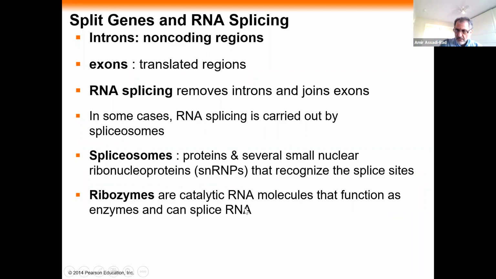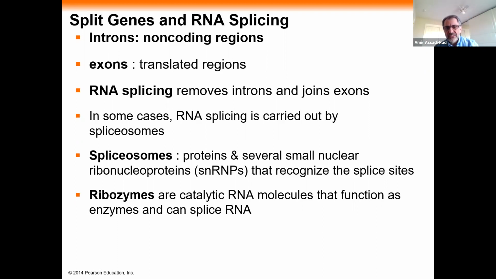Okay, right here. And then RNA splicing removes introns and joins exons. That's what the term RNA splicing means. Segments of that segment and that segment, they get connected together. And that segment goes away.